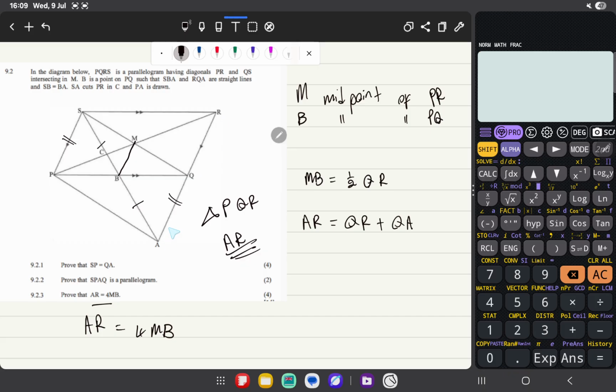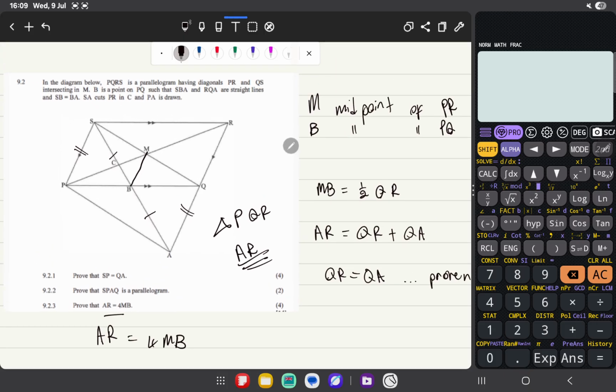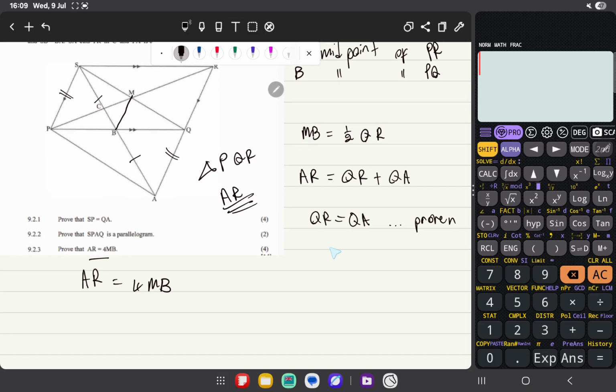That is what AR is. Here is AR, and AR is equal to QR plus QA. And you will agree with me that we did prove that QR equals QA. This is something we proved. So this being the case, that means we can then say AR is equal to 2 QR.